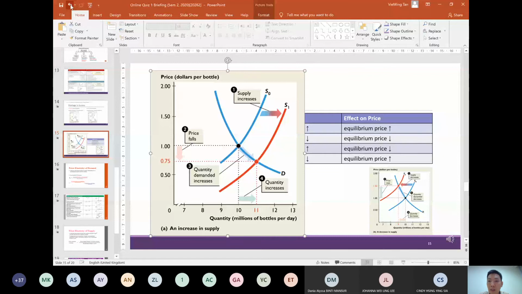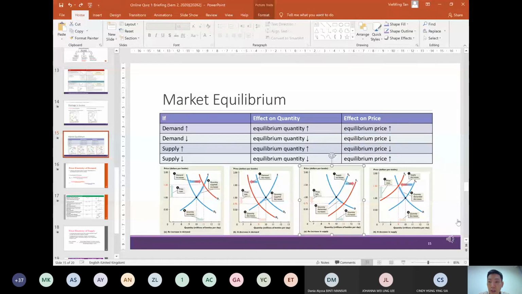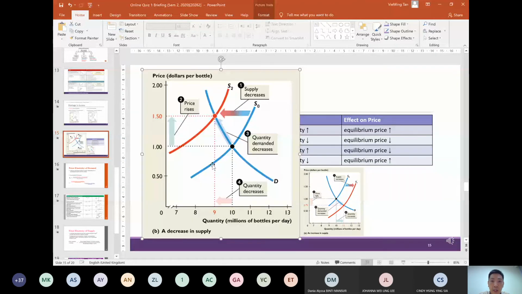Okay, last one. The last scenario will be when the supply curve shifts to the left-hand side, or the supply reduces. So this is the curve, I try to move it to here. Originally, the market equilibrium point is at this point, right? So when the supply curve shifts to the left-hand side, that means the market equilibrium point now is here.